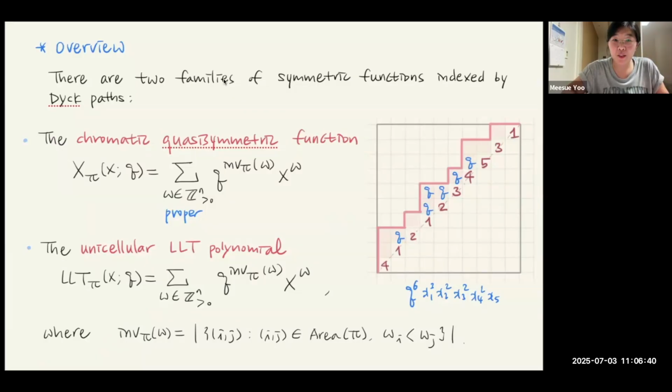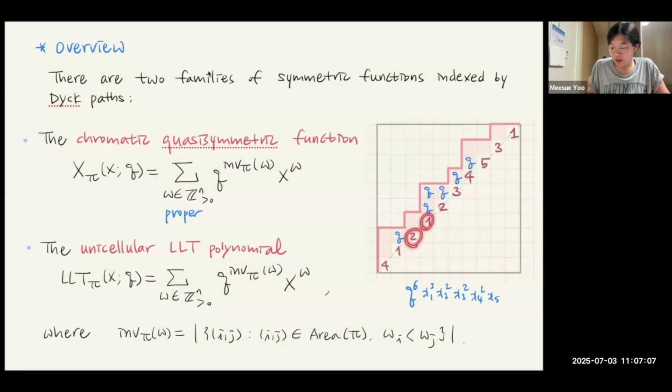Oh, proper coloring. So the coloring being proper means that if two vertices are connected by an edge, then you color those vertices with different colors. But in this picture, the vertices connected by an edge are for those cells between this Dyck path and the main diagonal.